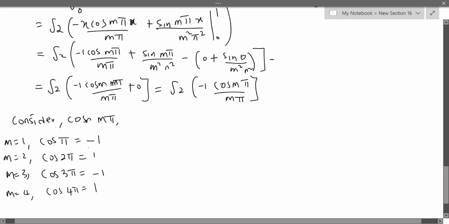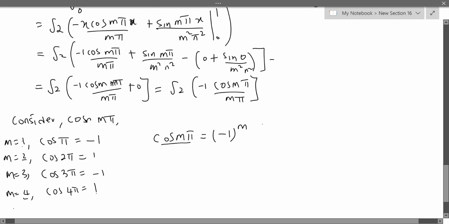So what do we observe? We see that when m is odd, 1, 3, if you continue to 5, you always get minus 1. And when m is even, 2, 4, 6, you will get 1. So we can just say that cos m pi is equal to minus 1 raised to the power of m. This is the same way this is behaving for these values of m.